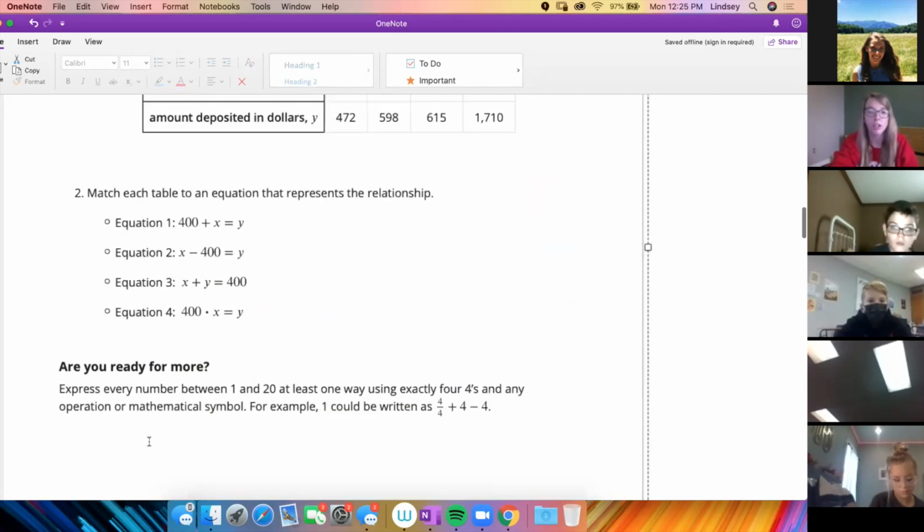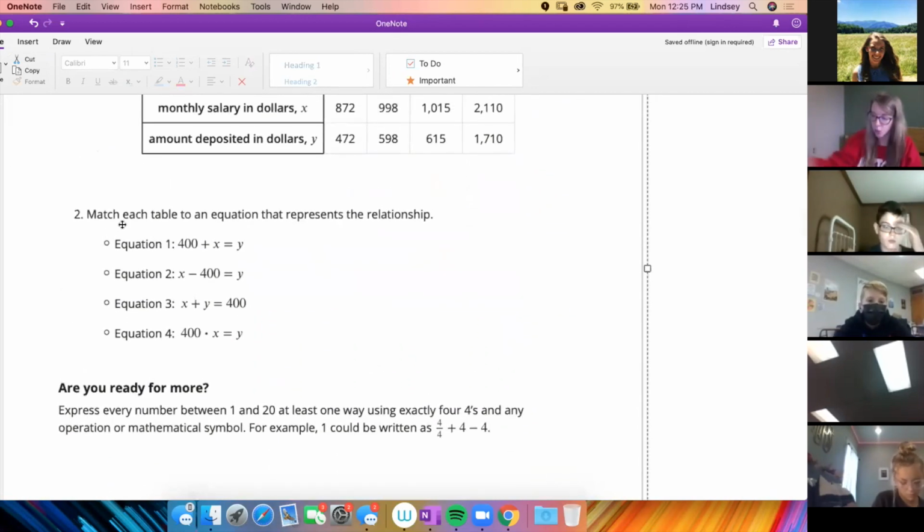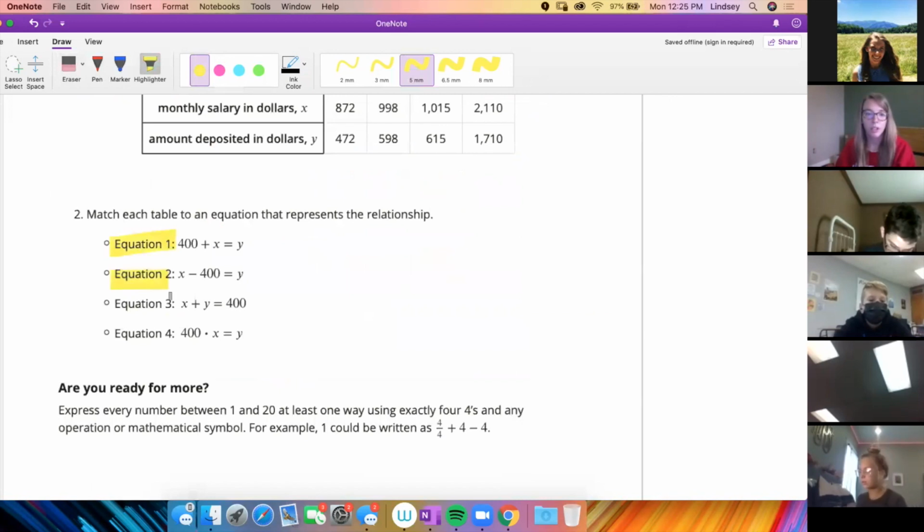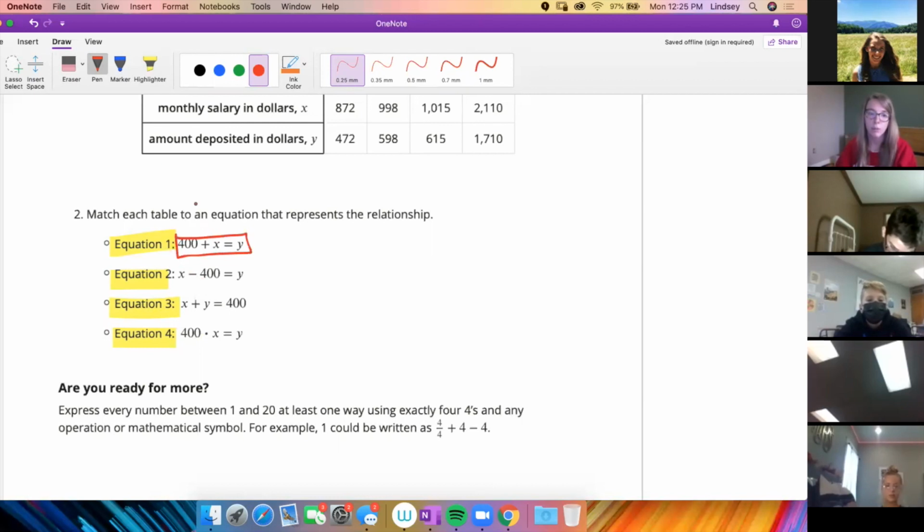Now on part 2, it says match each table to the equation that represents the relationship. So we have equations 1, 2, 3, and 4 here. We know that an equation just describes the relationship between quantities.